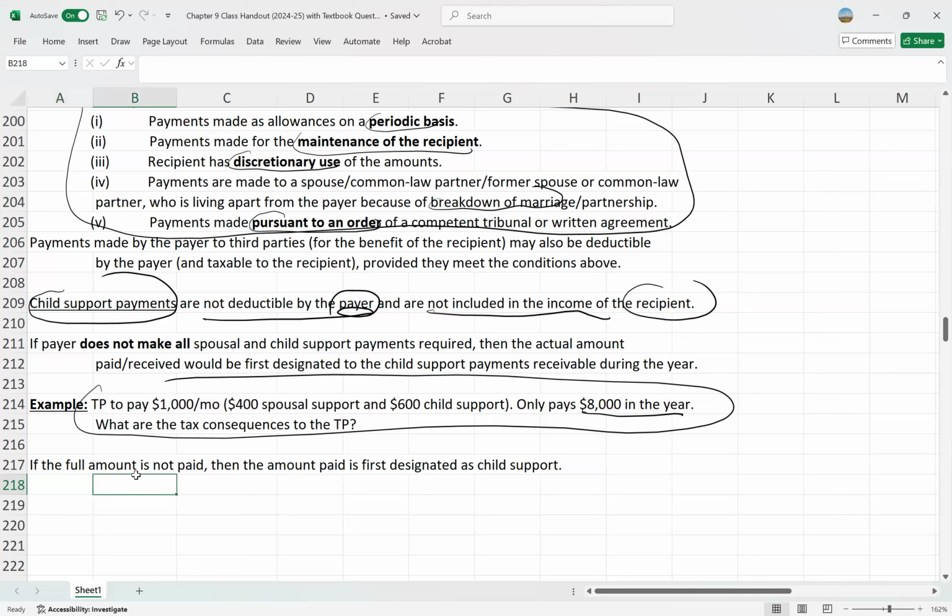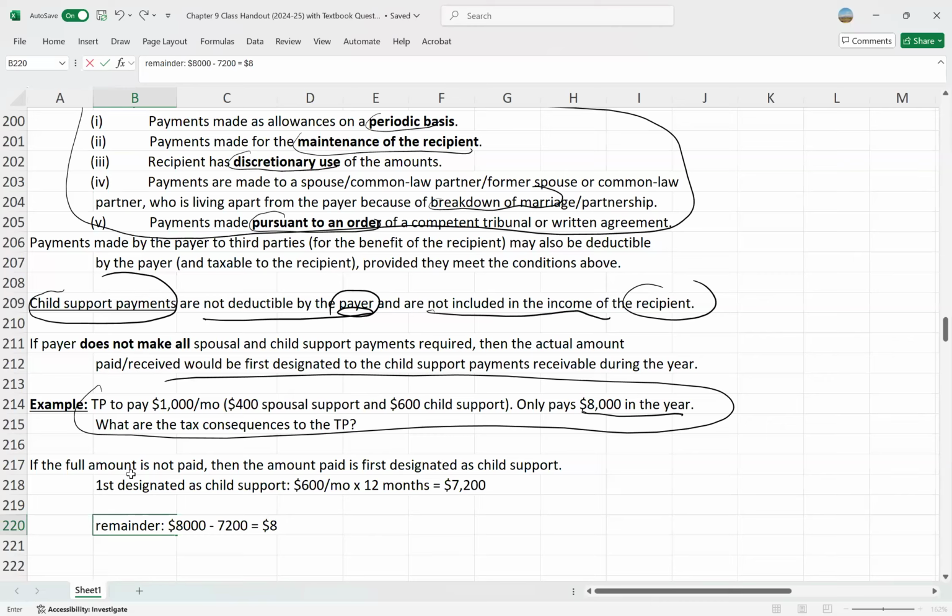So we look at the 8,000, it's going to be first designated as child support, which is $600 per month times 12 months. And so 7,200 will be designated as child support. The remainder, which is 8,000 minus 7,200, so the remainder of 800 will be treated as spousal support.